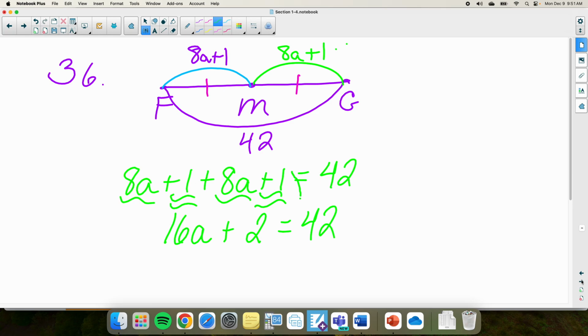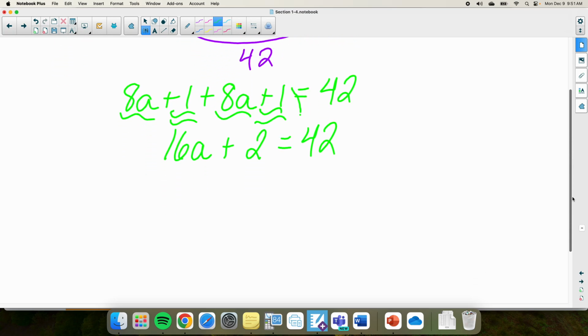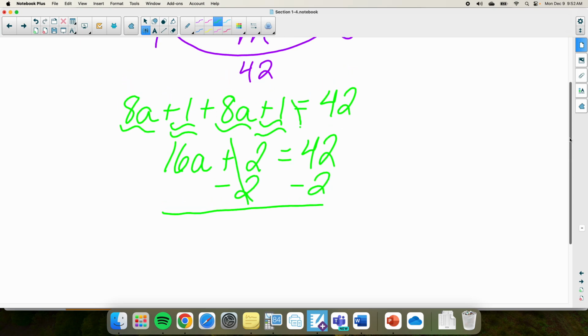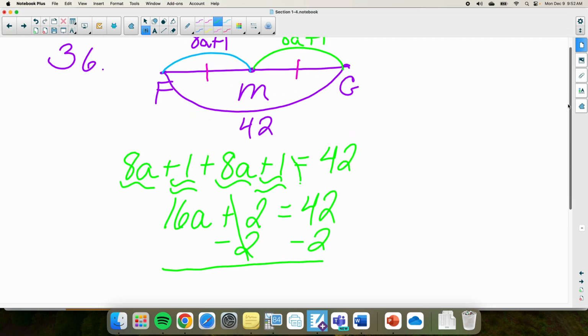So now in this one, I added this plus this equals 42. And 8a plus 8a is 16a, 1 plus 1 is 2, and that equals 42. And then if I just keep solving this, that's weird because this is going to give me a decimal. Did I tell you guys that it is a decimal? Okay.